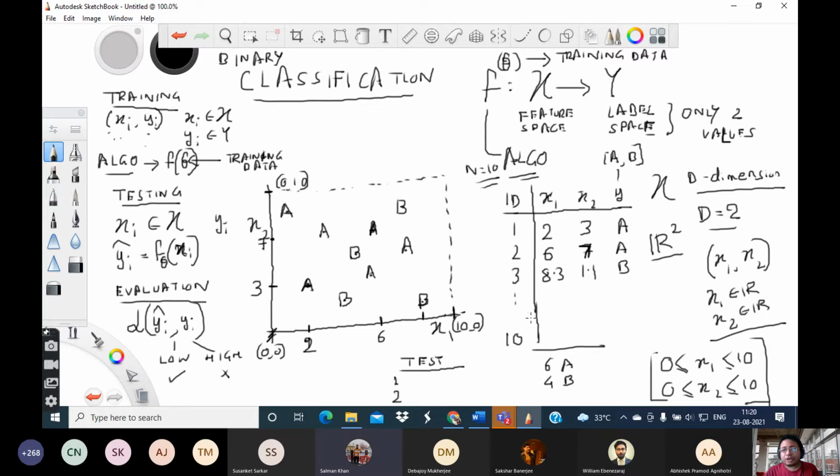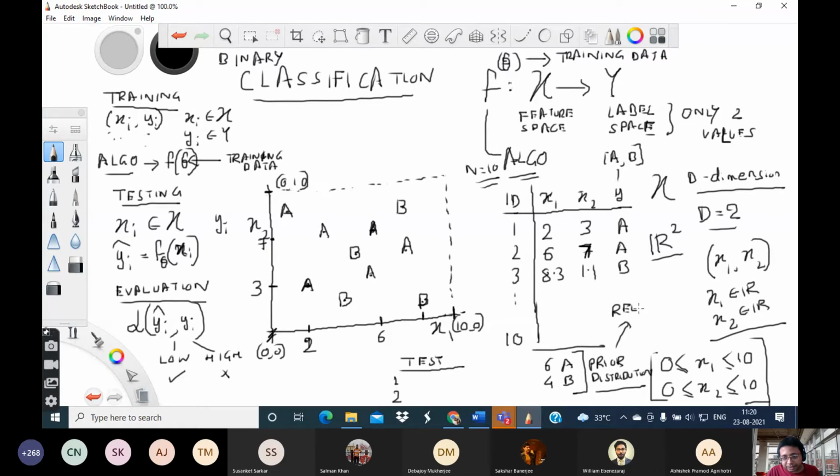Exactly. So whenever we have a data set like this, we already have a prior distribution on the label space. A prior probability distribution, which is nothing but the relative frequency of the labels. What is prior distribution?